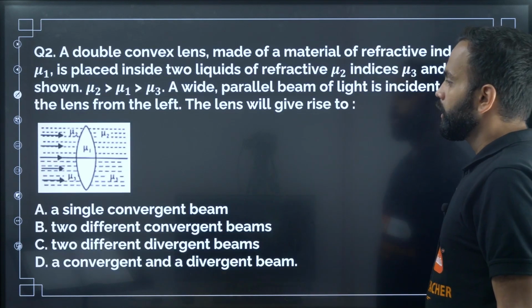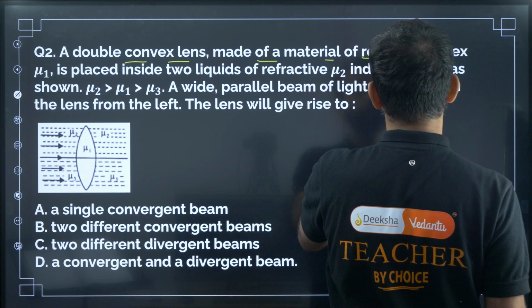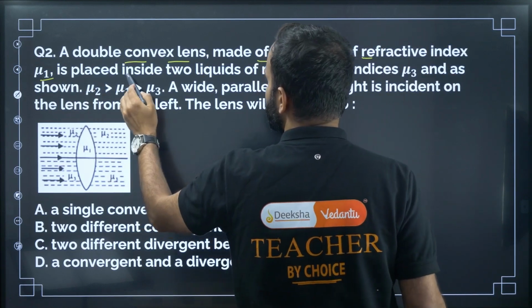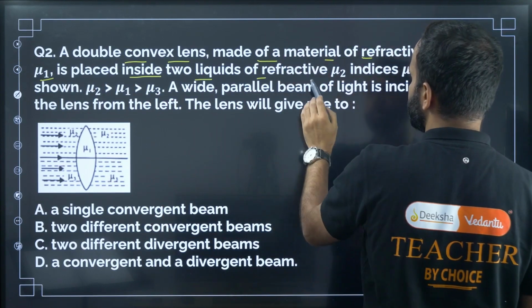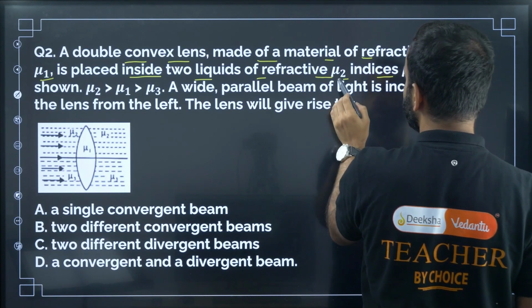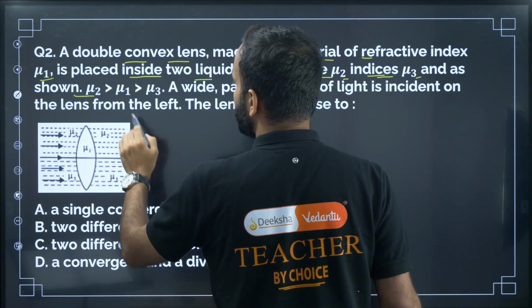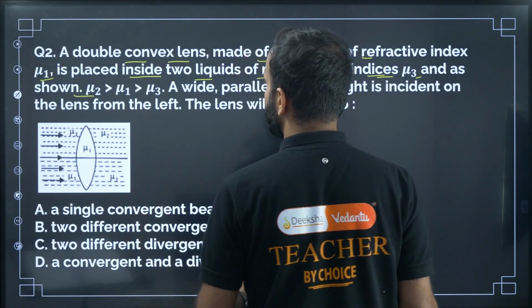Question number 2. A double convex lens made of a material of refractive index mu1 is placed inside two liquids of refractive indices mu2 and mu3, and as shown mu2 is greater than mu1 is greater than mu3.